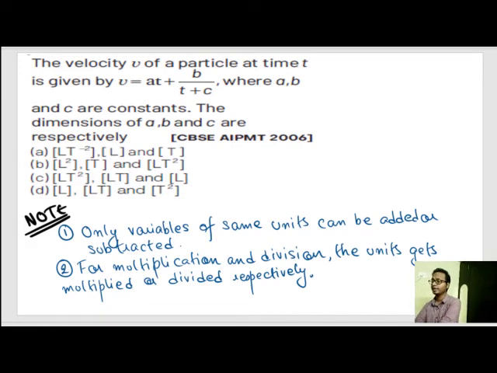So what do I mean? Since this at plus b by t plus c added gives us v, therefore this v, this at and this b by t plus c all have the same units.